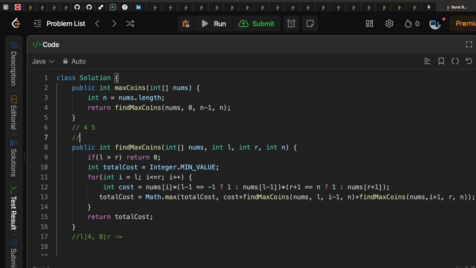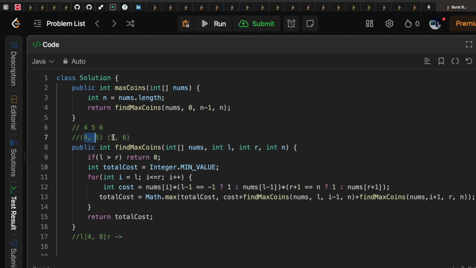So what we do is we assume that we have a matrix of 4 into 5, suppose 6. Okay, so 4 into 5 and 5 into 6. So we can only multiply matrices if their rows and columns are equal.